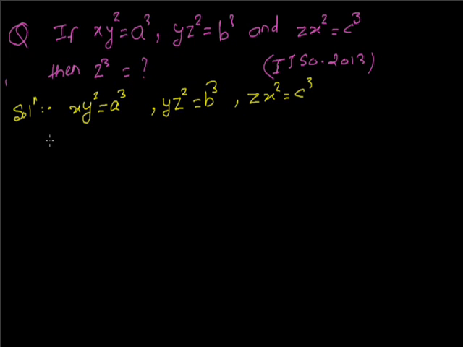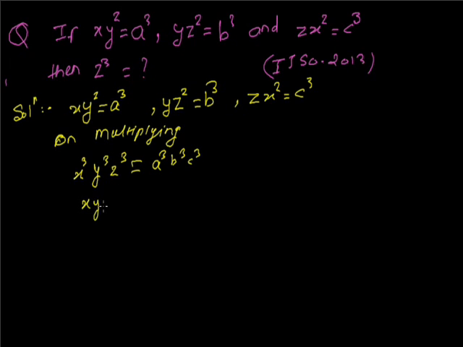On multiplying all these, x cube, y cube, z cube is equal to a cube, b cube, c cube. By taking the cube root we get xyz is equal to abc. Note this as equation number 1.